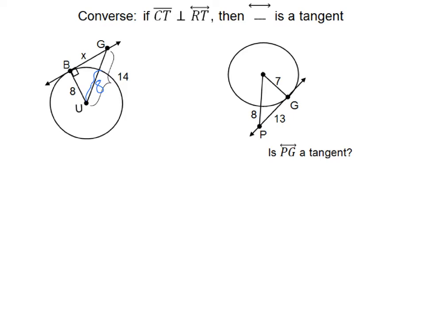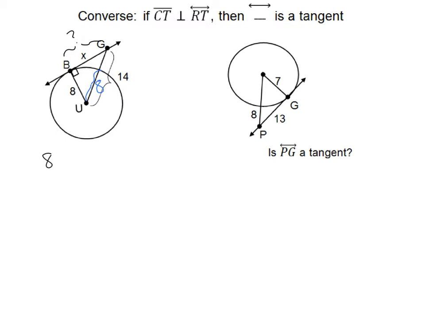But notice they tell me that the whole thing is 14. We're going to use our rules. Because this is a radius and that is a tangent, we can see that they are perpendicular. So that means it creates a right triangle for us. So that means we can use Pythagorean theorem to figure out what the value of x is, which is from B to G. Okay, that's what we got to figure out.